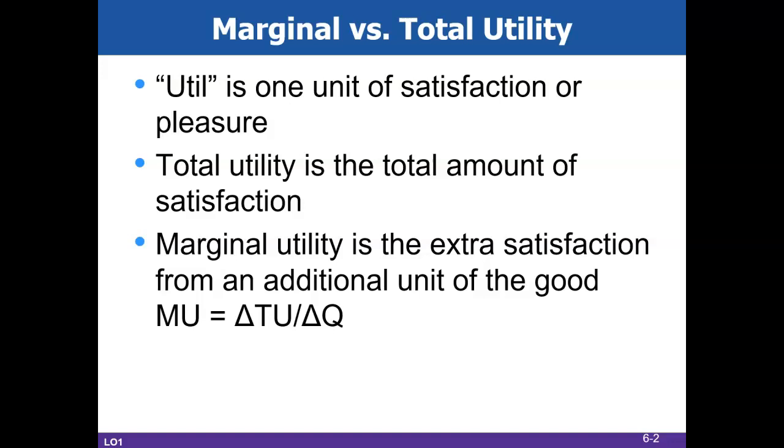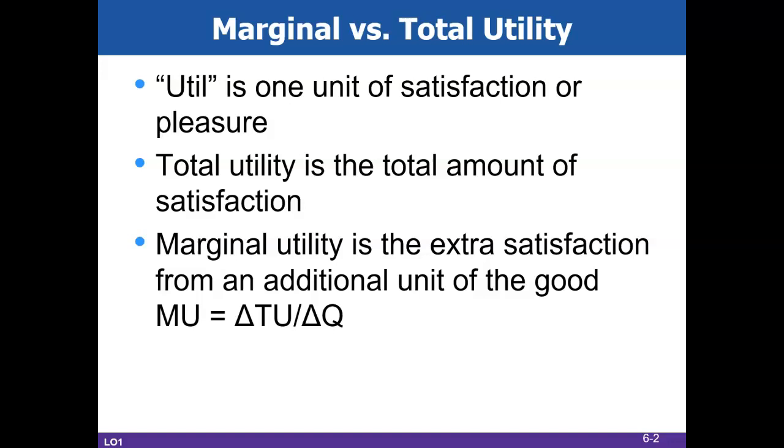How much additional utility do you get from consuming the next bagel and then the next one and the next one? And the assumption is that largely these are not necessarily constant. In fact, they generally are not constant. Usually we will see marginal utility diminish over a specified amount of time. Marginal utility is the slope of total utility. You can always find marginal utility by looking at the change in total utility over the change in quantity.